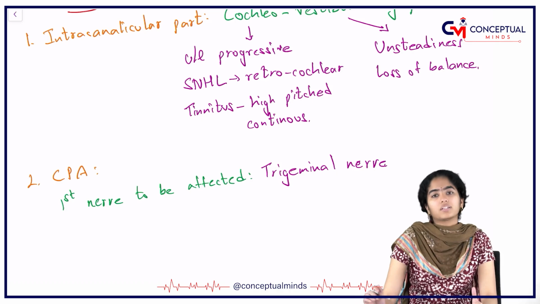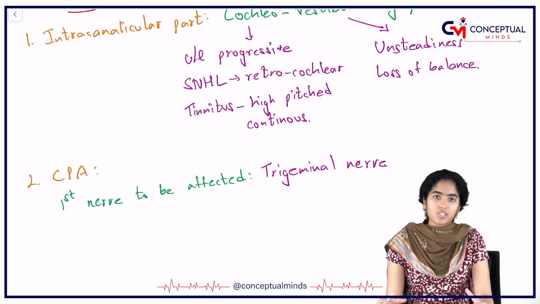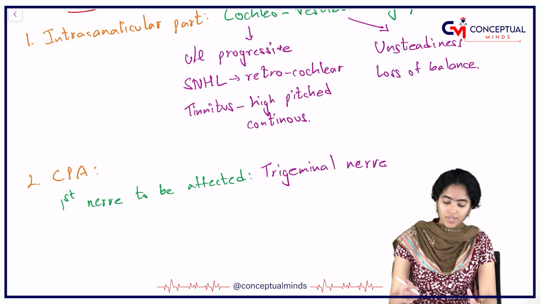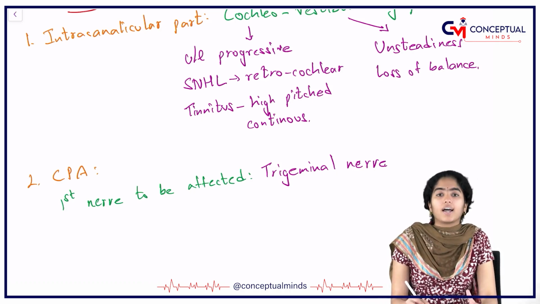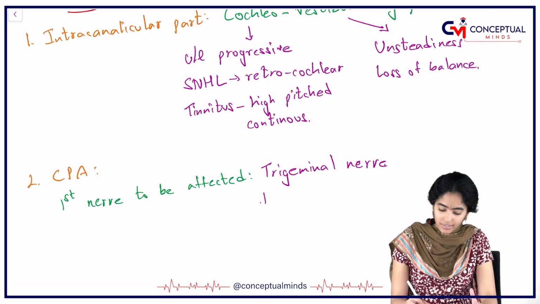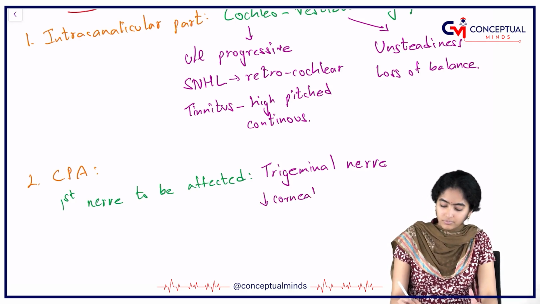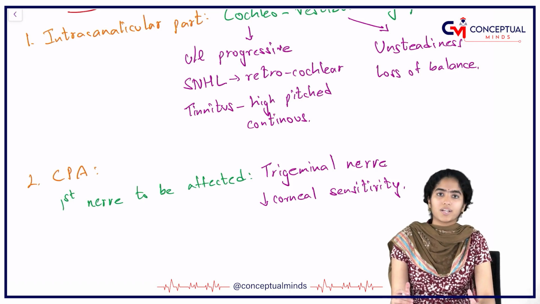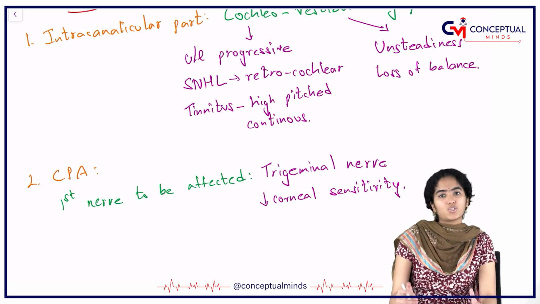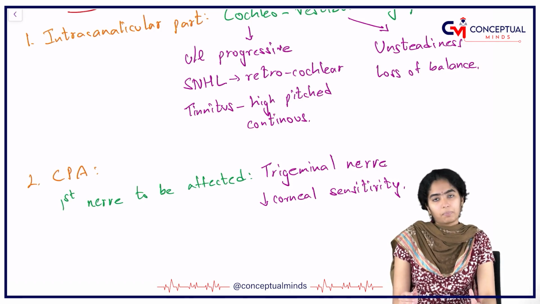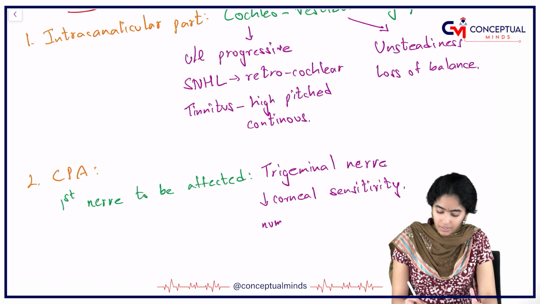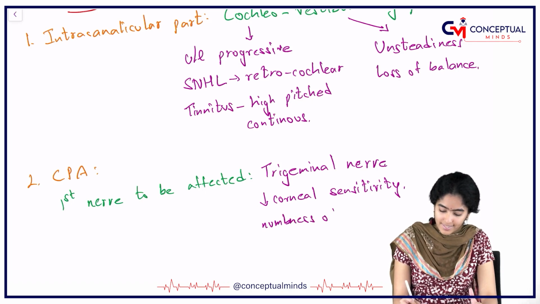And when the trigeminal nerve is affected, what are the manifestations you see? It supplies the face. So when trigeminal nerve is affected, we see that there is decreased corneal sensitivity. The afferent for corneal reflex goes via trigeminal nerve. Efferent comes via facial nerve. So there is decreased corneal sensitivity. Plus it also supplies sensory supply to the face area. So there is numbness and paresthesia of face.